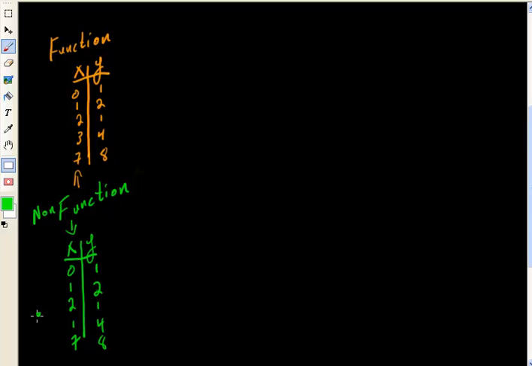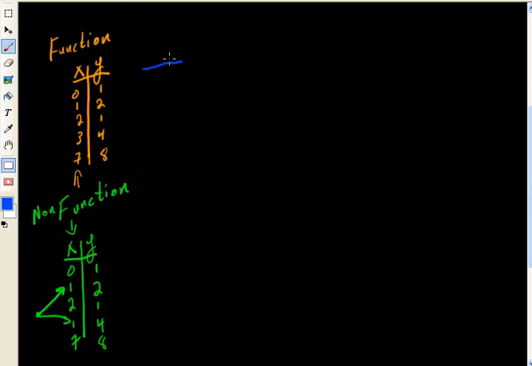And if you notice right here, I have 2 repeating x values. So for a function, no x values are going to repeat themselves, and for a non-function you will have 2 x values that do repeat.